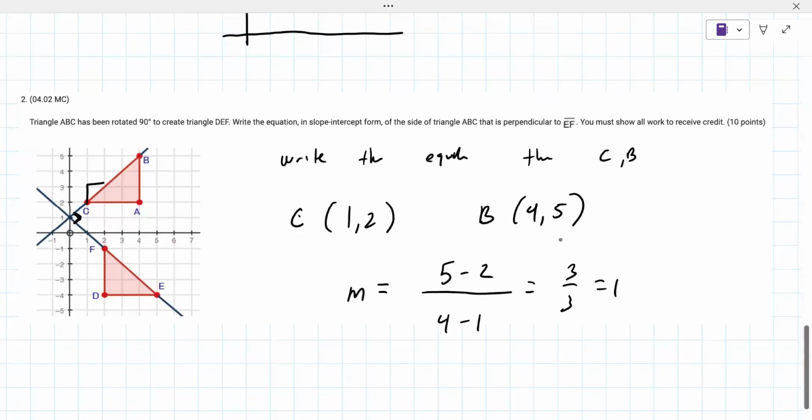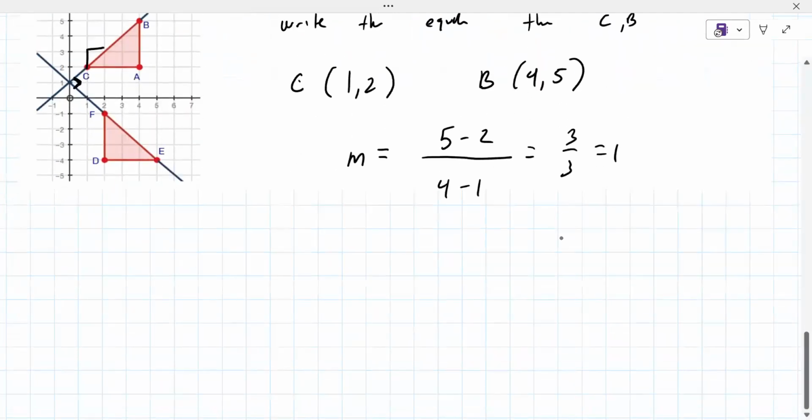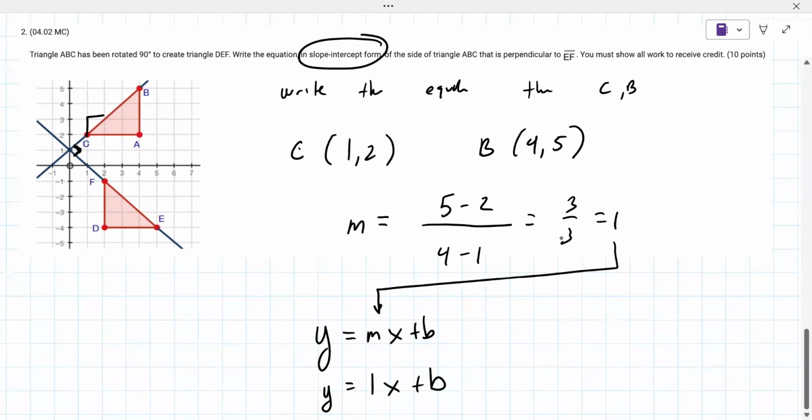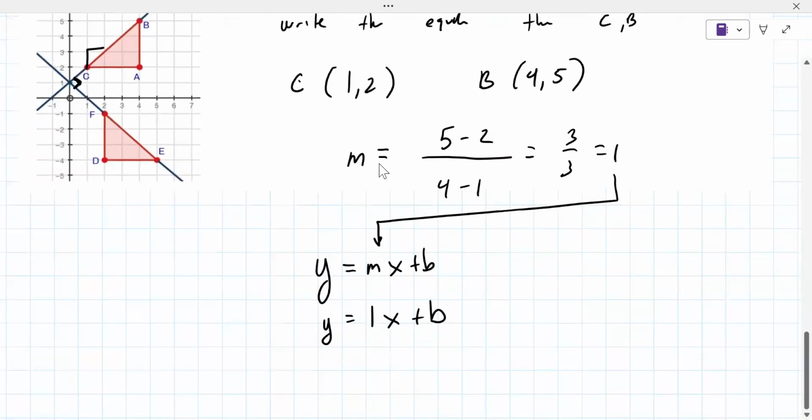Now the equation in slope intercept form means y equals mx plus b. We know now that the slope is 1. Y equals 1x plus b, like that. So to find b, you have to use an x and a y. If you use 1, 2, it would be 2 equals 1 times 1 plus b.